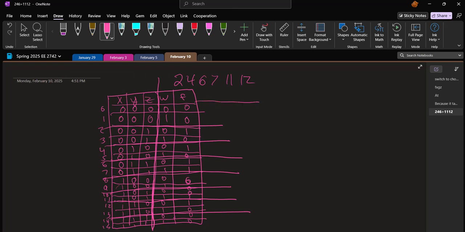And let's write the decimal value for just the x, y, z here, that's 0, 1, 2, 3, 4, 5, 6, 7.